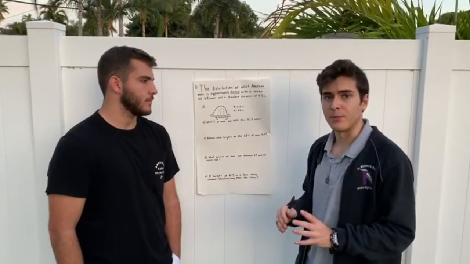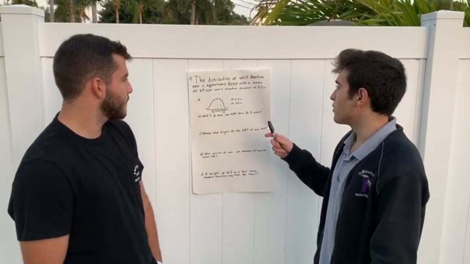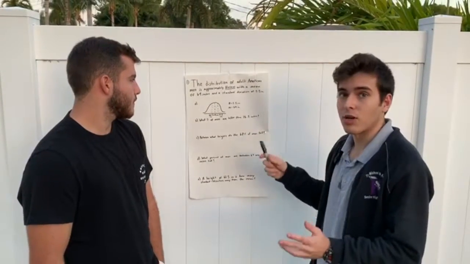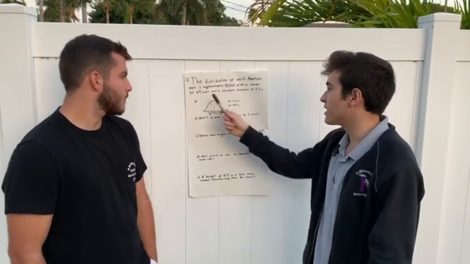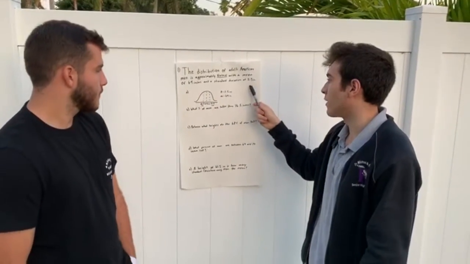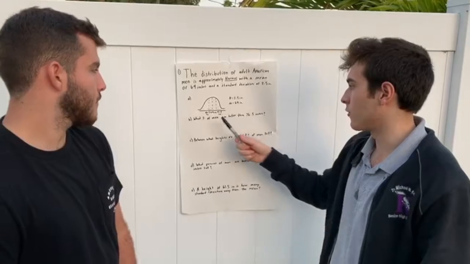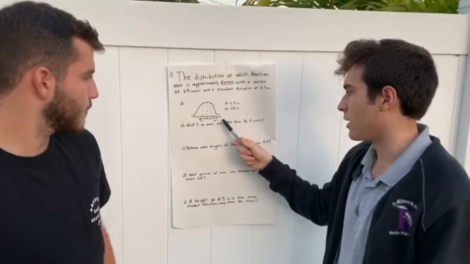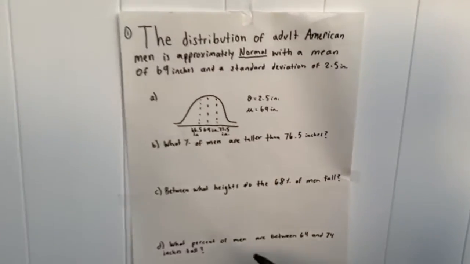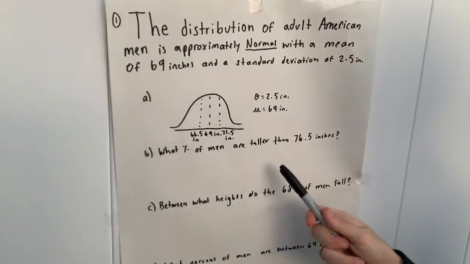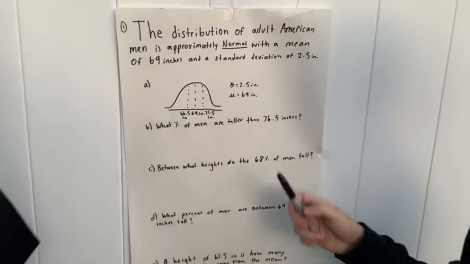Alright, so let's start with an example. The distribution of adult American men's heights is approximately normal, with a mean of 69 inches and a standard deviation of 2.5 inches. The first part of the question asks us to draw the normal distribution curve, which we have already drawn out here. The next question asks, what percent of men are taller than 76.5 inches?